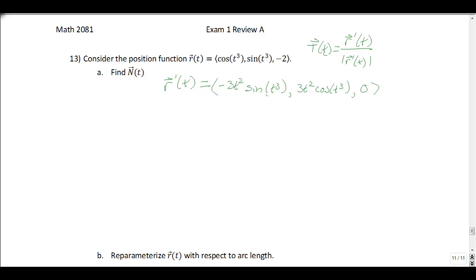Now, this particular vector I can rewrite as, let's see, how about 3t squared times negative sine t cubed, cosine t cubed, and then it is 0.